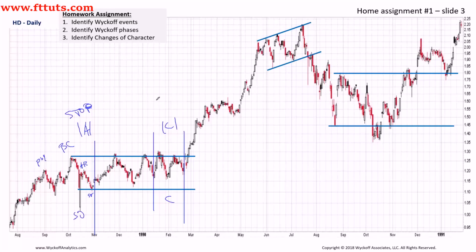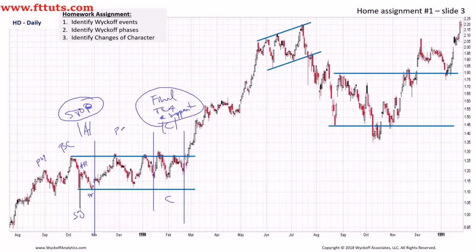Phase C again marks the change of character as the price gets out of the trading range. That's not the intention of phase C. What does it do? If phase A is to stop the previous move, then phase C is going to be our final test of supply at the support level. So I want you to remember this by heart.